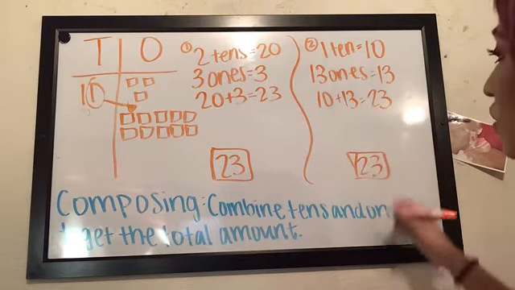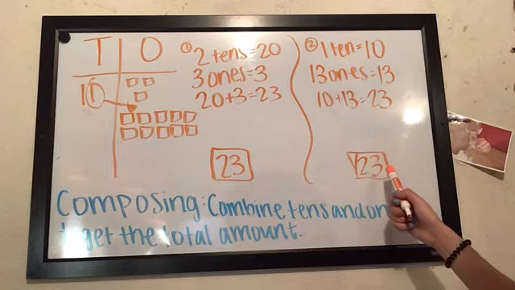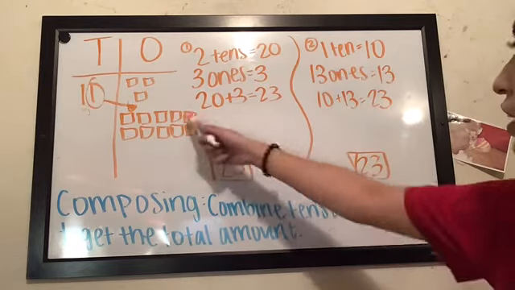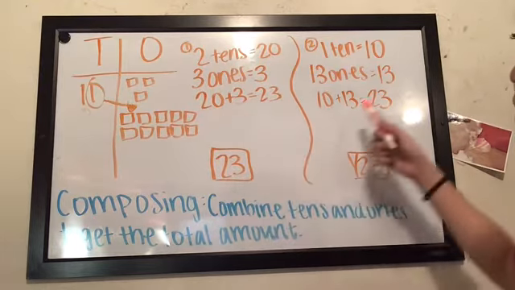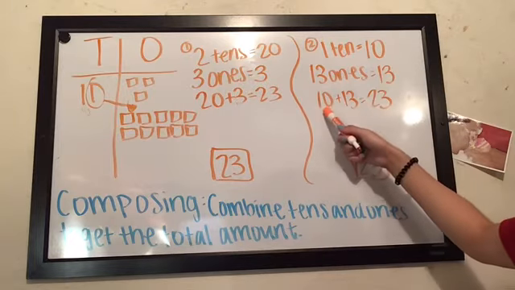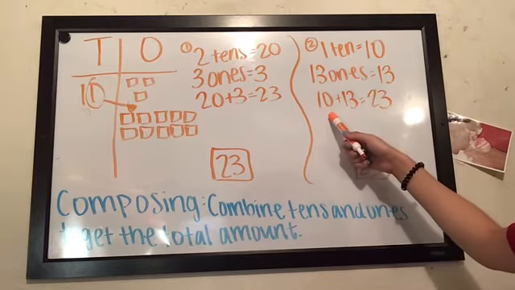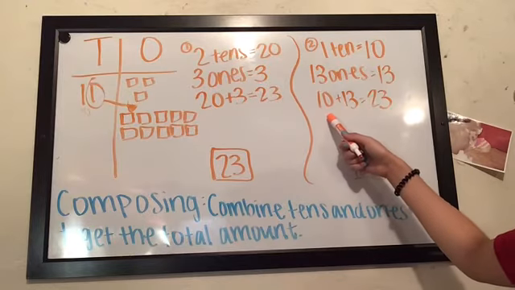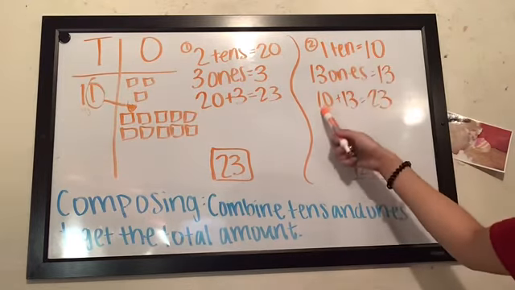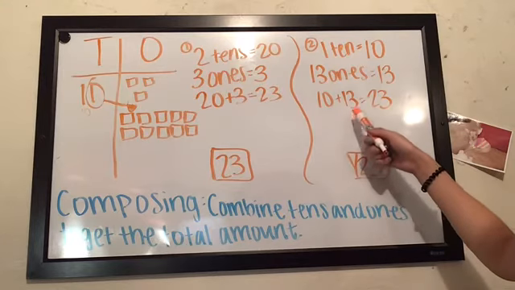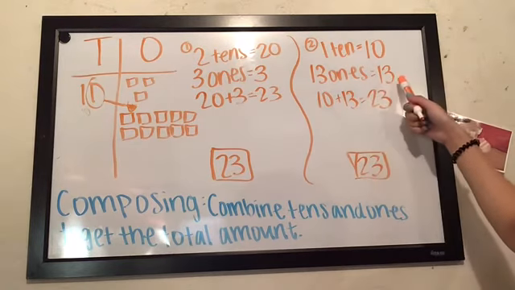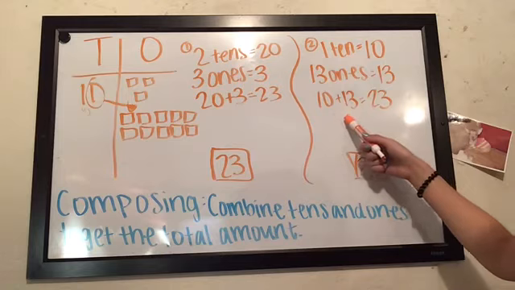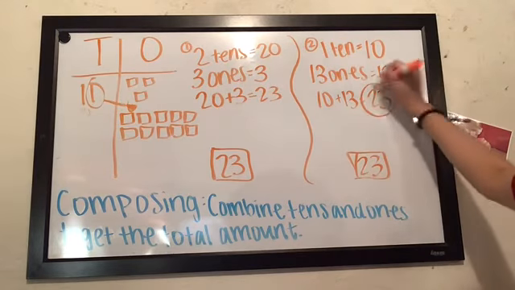So once again, you have 3 ones and 2 tens, right? But for this one, you have 10 ones and a 10, and the total of a 10 is 10, and the total of 13 ones is 13. So the total you will have is 23.